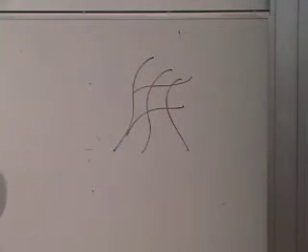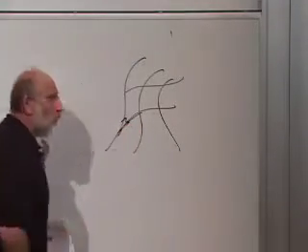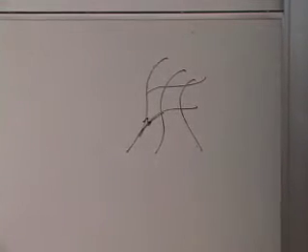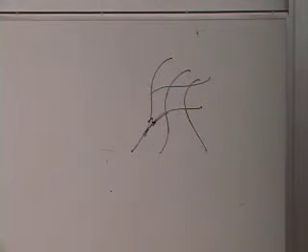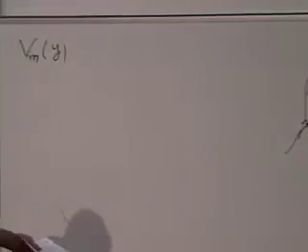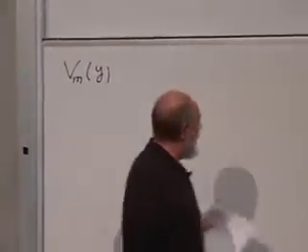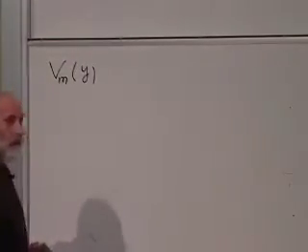Not only do I think of them as functions of y, but I also think of them as the components, the covariant components, relative to the coordinate axes defined by the y coordinates. So this is v sub m in the y coordinate system, both with respect to its components and with respect to what it depends on, y.